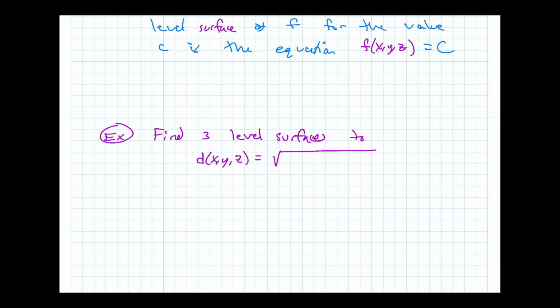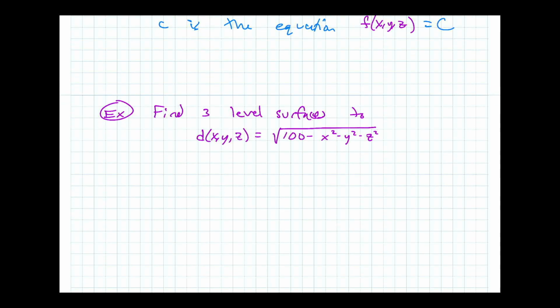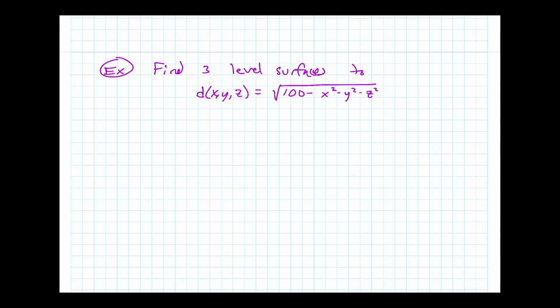Let's do numbers that make sense. So let's do 100 minus x squared minus y squared minus z squared. Okay. And let's specifically say d equals 0.